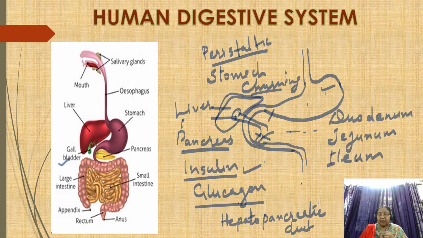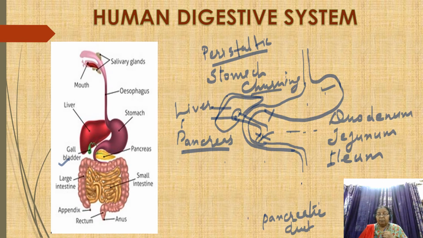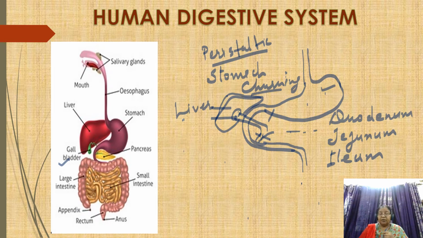So small intestine, let's draw this small intestine. In the pancreatic juices, there are other enzymes also which are helping in digestion of carbohydrates and fats, lipase, and lipids also. Okay, so this is leafy gland.